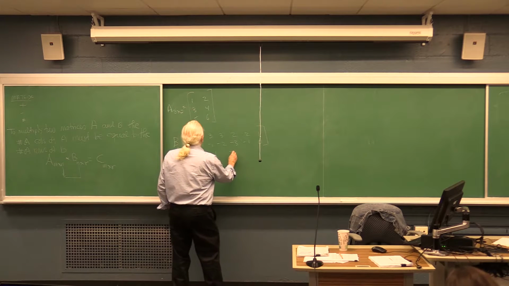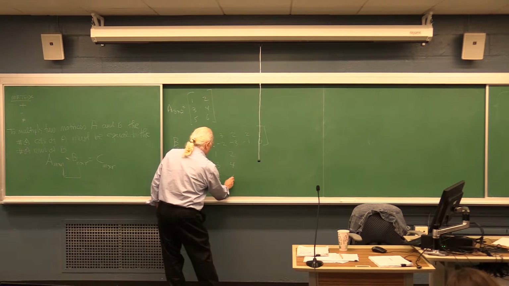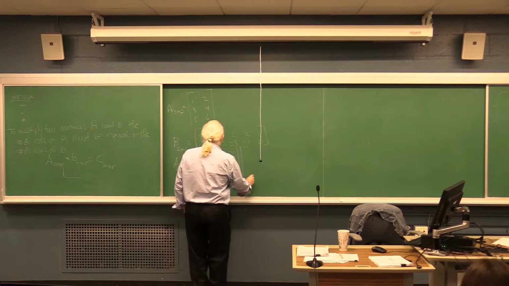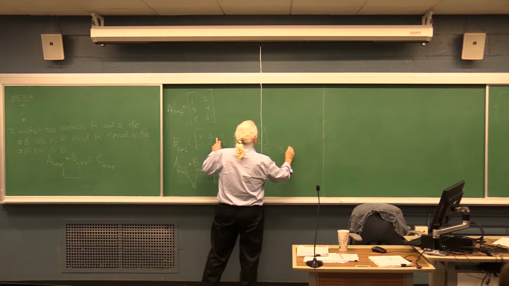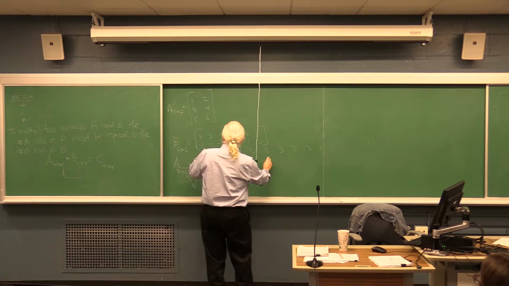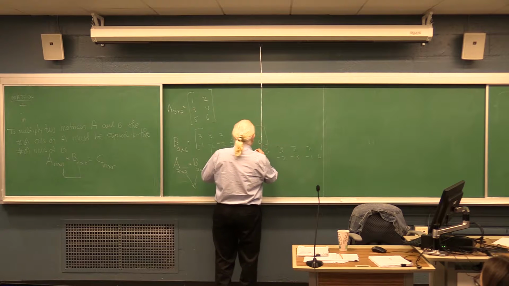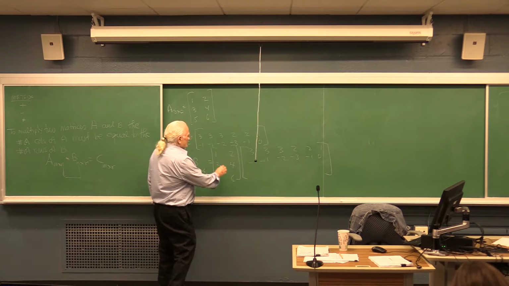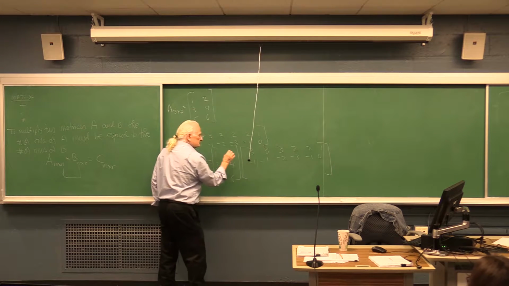So this is 1, 2, 3, 4, 5, 6. And then 1, 2, 3, 2, 2, 1, negative 1, negative 1, negative 2, negative 3, negative 1, 0. And the way you do this is you take the first row and multiply it times the first column.